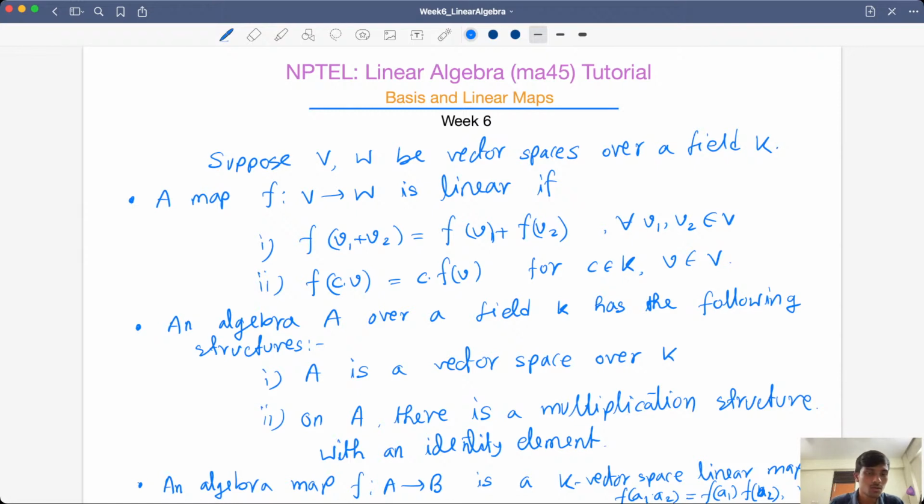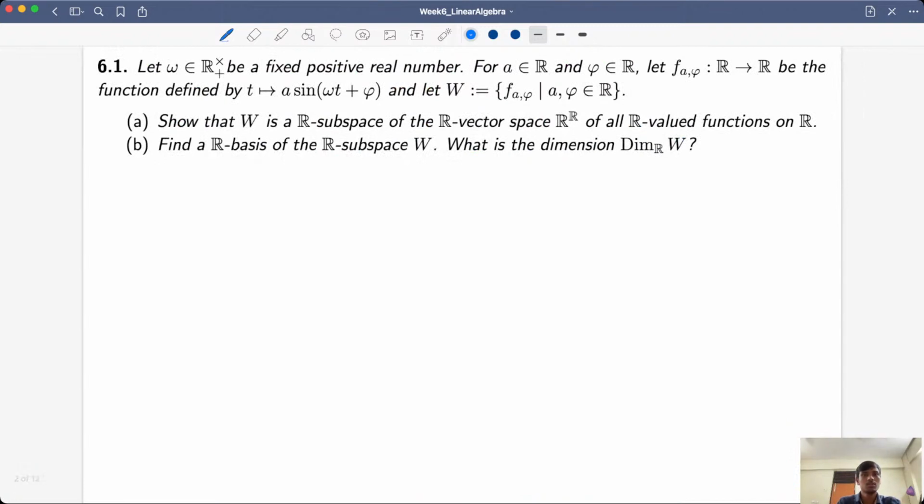We may use these two things later on, but let us start with some basic exercises. The first one: take a non-zero element omega in R plus, a fixed positive real number, and then any a belonging to R and phi belonging to R. You can define a map from R to R that takes t to a sine of omega t plus phi, where omega is that fixed number, and you define W to be all such functions for varying a and phi.